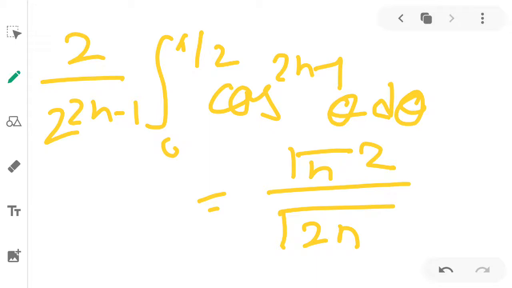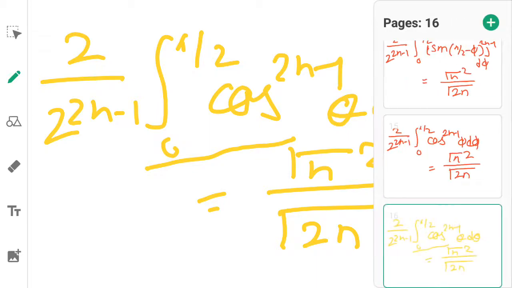Now you see, in the first equation what did we have? In the first equation we have integral 0 to pi by 2 cos to the power 2n minus 1 theta d theta was gamma n gamma half upon 2 times gamma n plus half. So we will use the first equation.